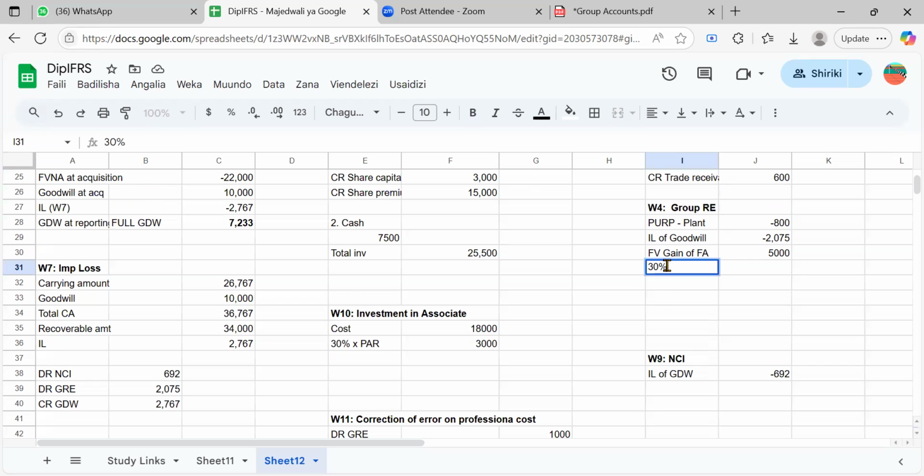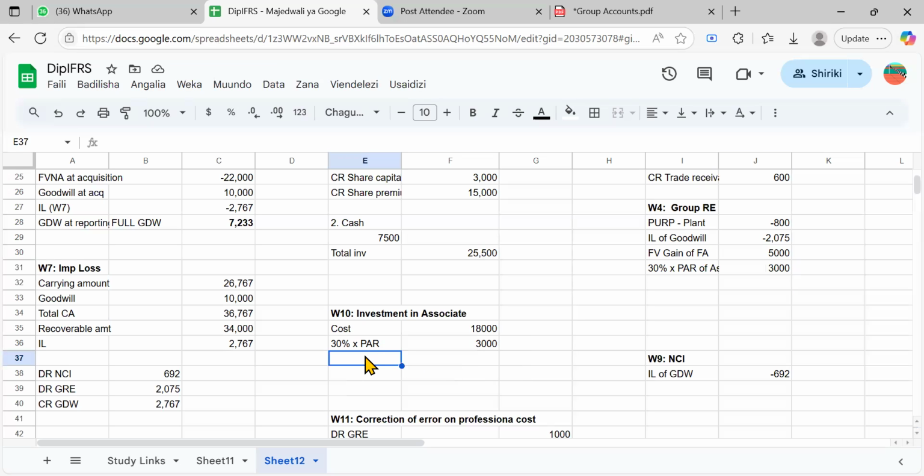So I also say 30% times, as usual, the acquisition reserves of the associate. And like we said, it's 30%. Yes, you see, so that's what we do.